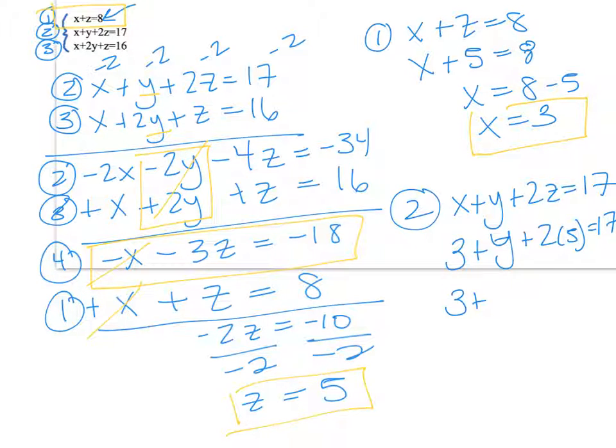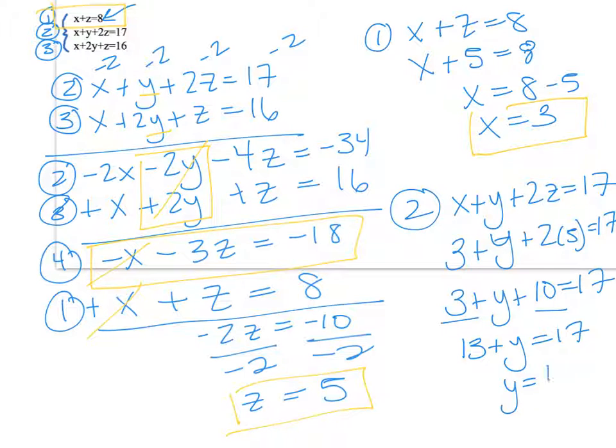So that's going to give me 3 plus y plus 10 equals 17. 3 plus 10 is 13 plus y equals 17. Subtract 13 from both sides, so 17 minus 13. And then y is equal to 17 minus 13, which is equal to 4. So y is equal to 4.